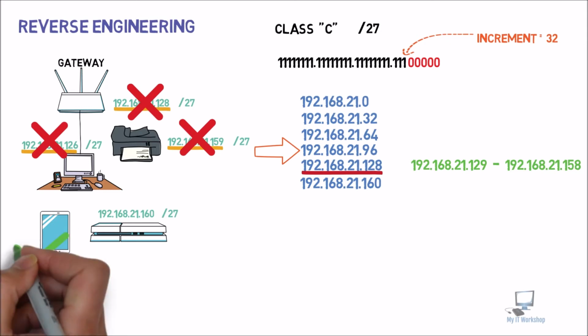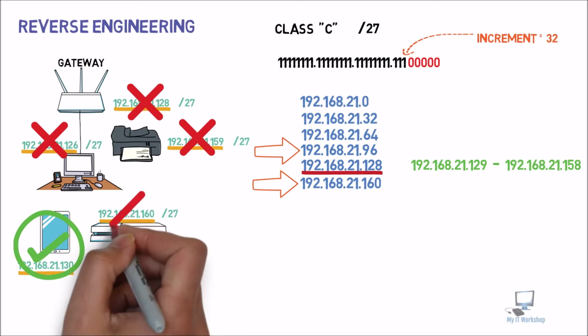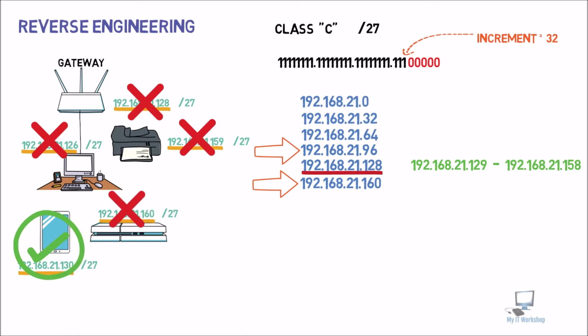This is totally correct. And now we proceed to the next one, the PS4, which is 21.160. And that one is not a valid IP address since it is the network ID of my next network. So after 128, we have 160. So that one is my network ID. So we cannot use that one either.